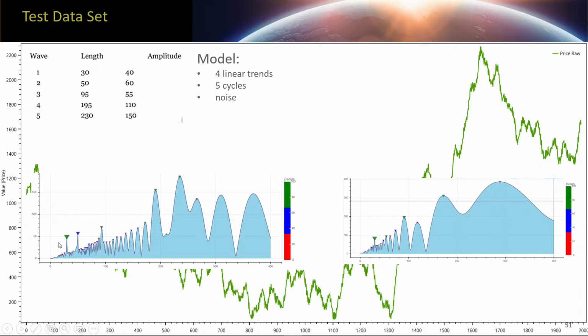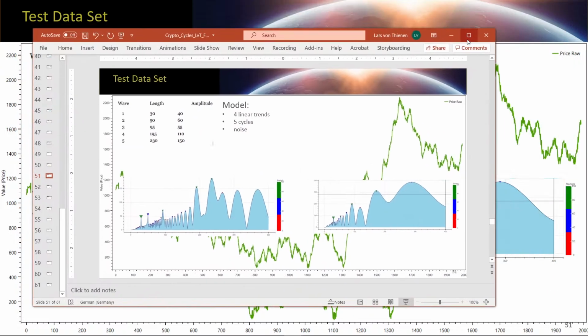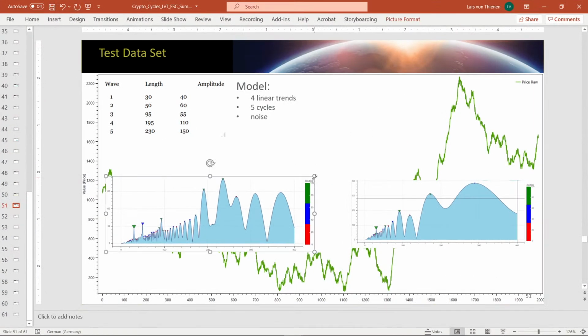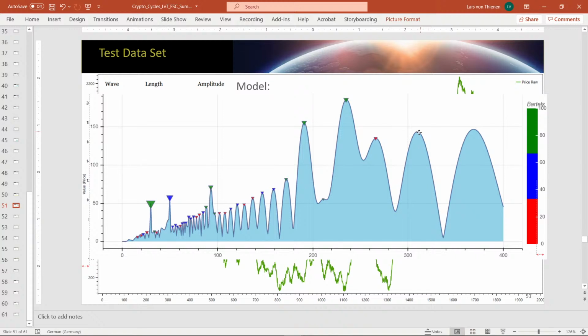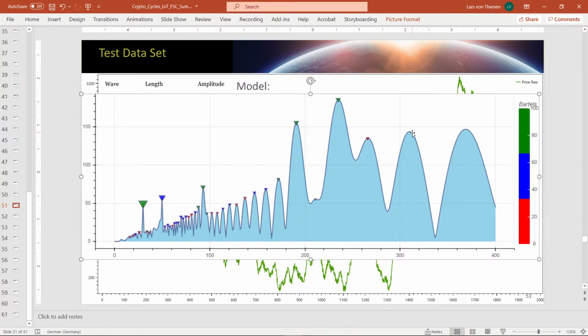If you put this data into the analyzer, you will clearly see that it's almost hard to detect which cycle has been detected in this data set. Lots of cycles might show up in the spectrum. The 5 which have been used, which would be important, are not clearly seen.